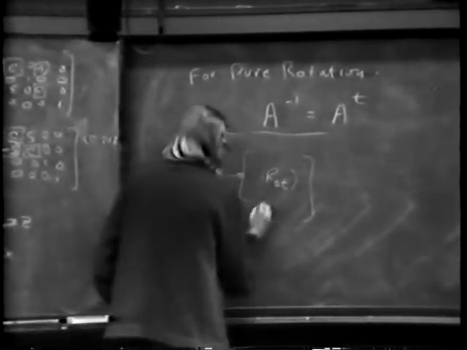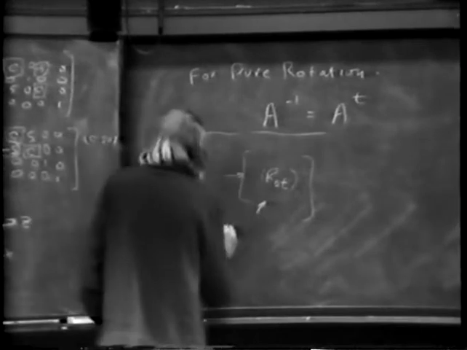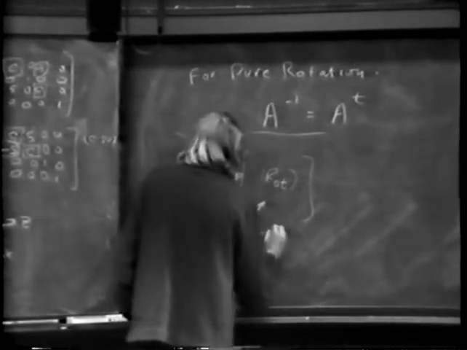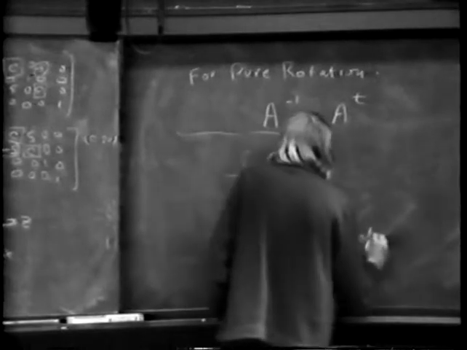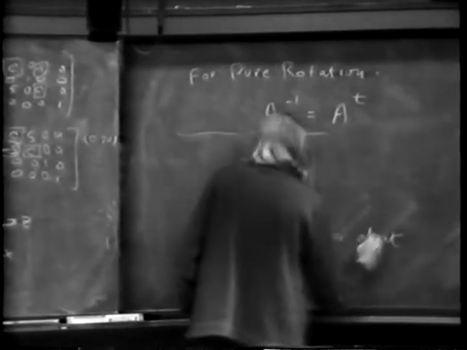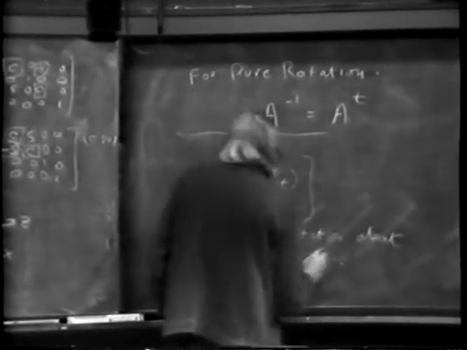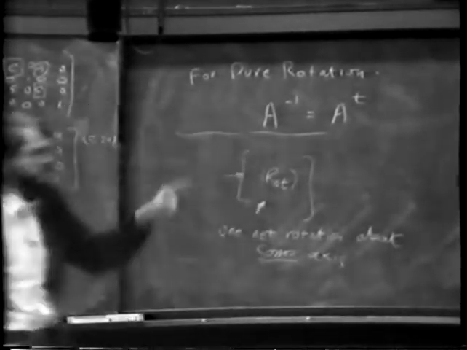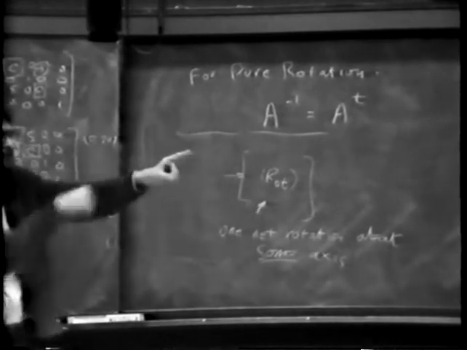And it so happens that any random product of rotation matrices can be expressed as one net rotation around some axis sticking out in some direction. It might not be along one of the coordinate axes, but it will be a rotation around some line.